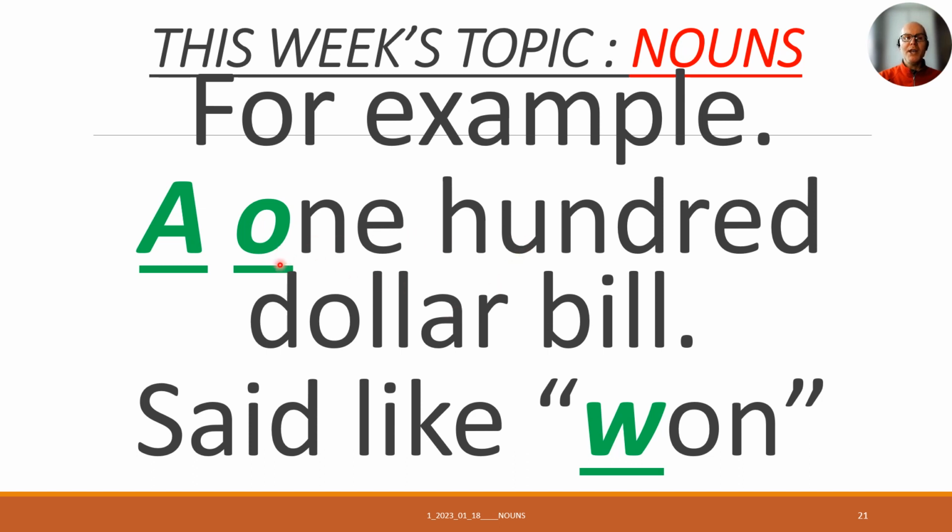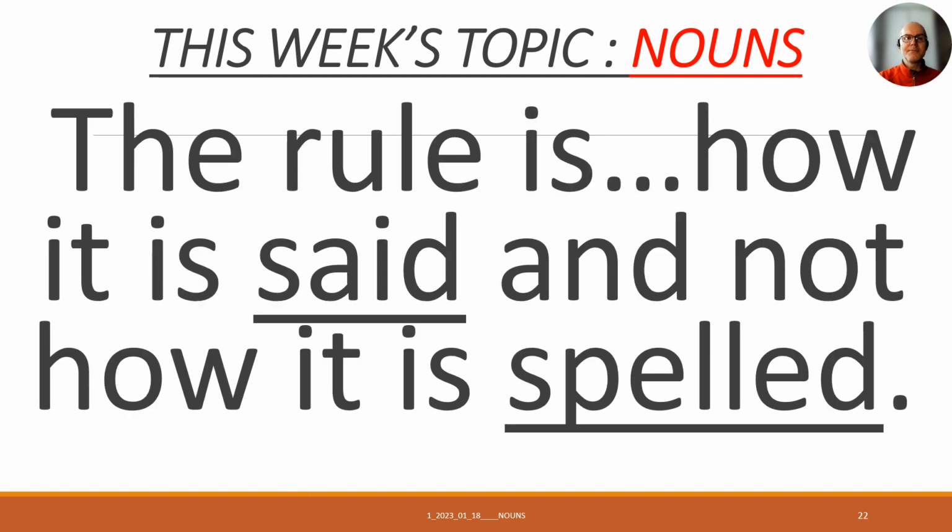So although one starts with a vowel, you don't say an $100 bill, you say a $100 bill, because one is said like it starts with a consonant. So the rule is how it's said and not how it is spelled.